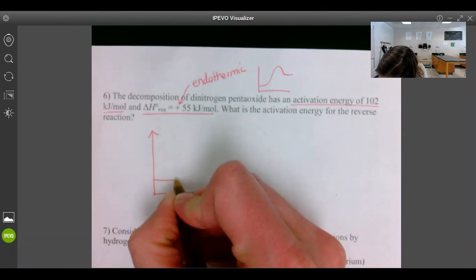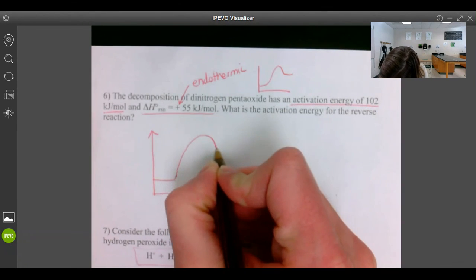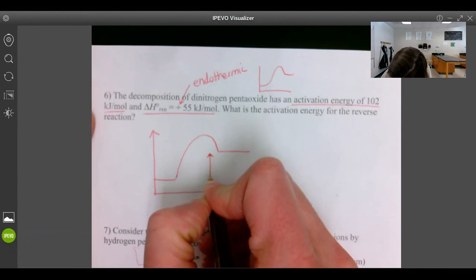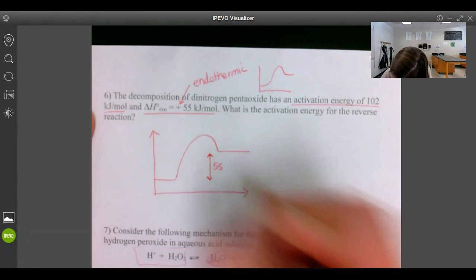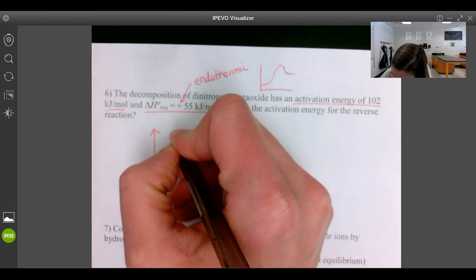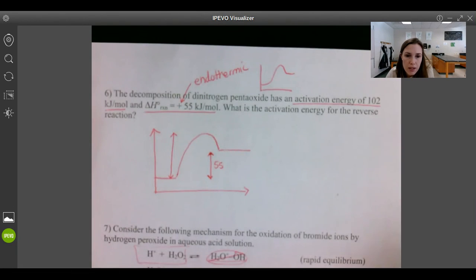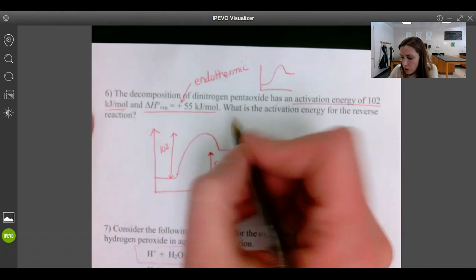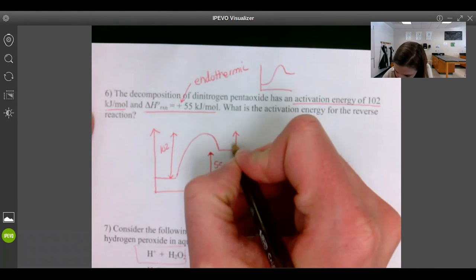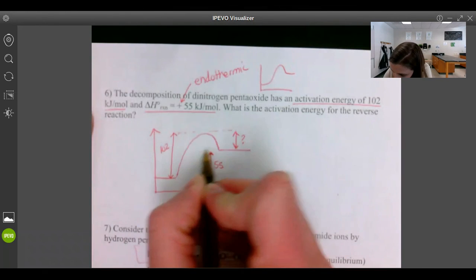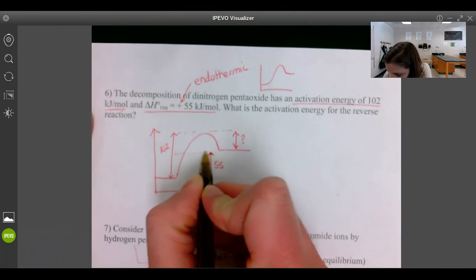So I'm going to have my reactants and then my products here. So I know that this value is going to be 55 kilojoules per mole. I know that my forward activation energy would be represented by this bar here, which would be 102. So if we're looking for the reverse activation energy, this value here, you can see how these line up with each other.